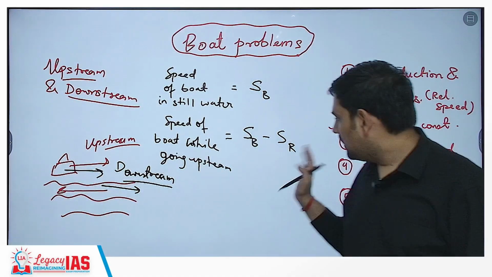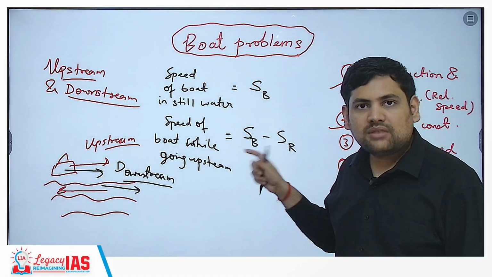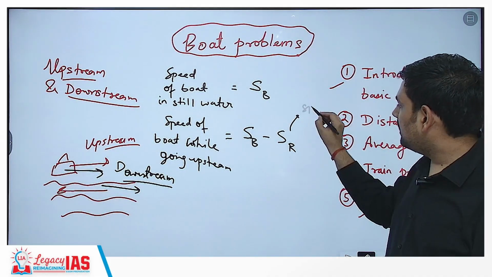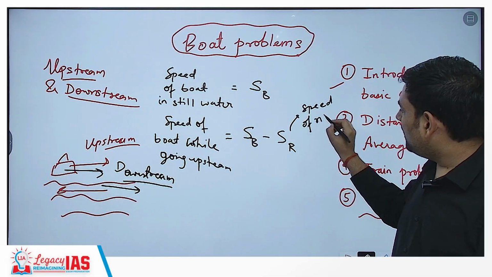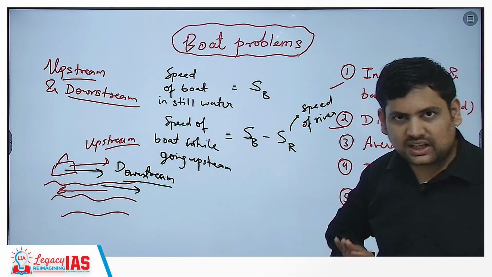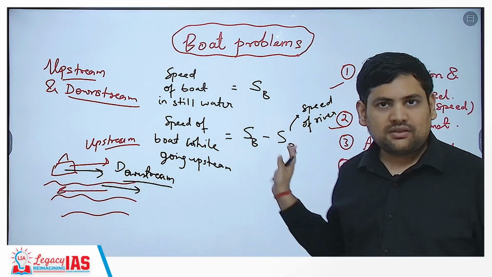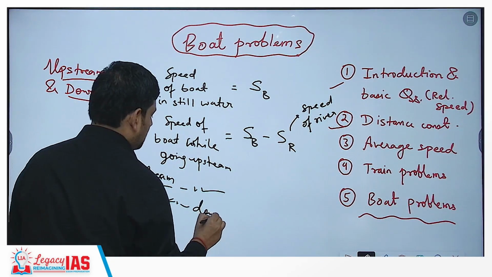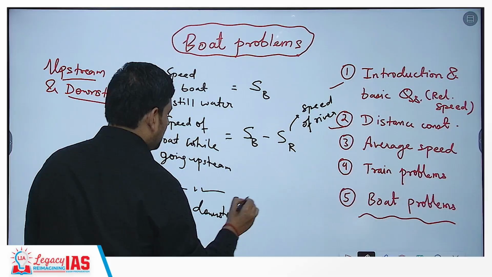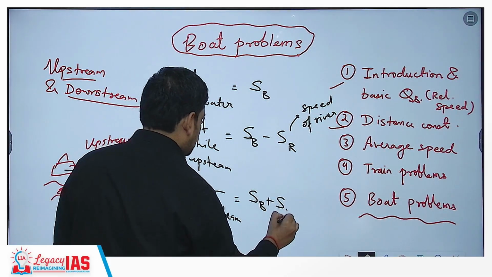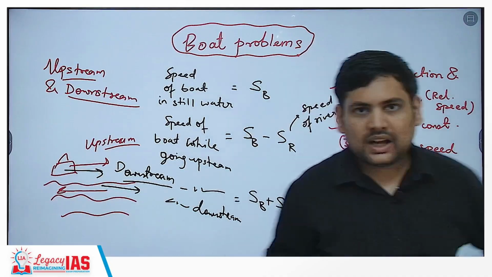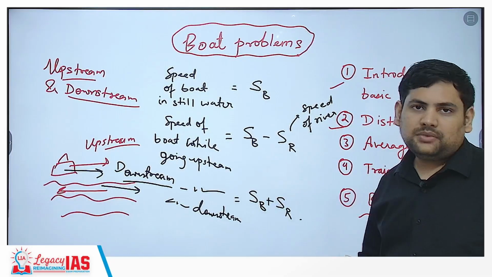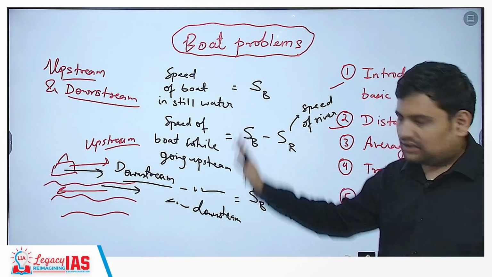So this is speed of boat minus speed of river or stream, basically the medium which is flowing at some speed. Similarly, you will have speed while going downstream. While going downstream, it will be speed of boat plus speed of river. Both will be added, because they are going in the same direction, supporting each other. So these are the three terms that are used.